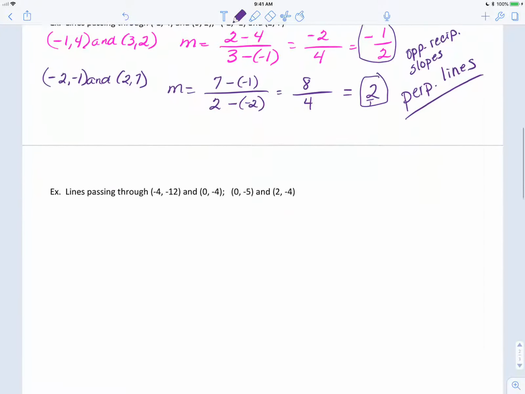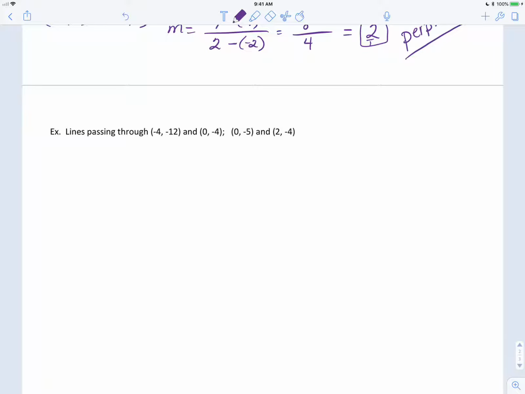Okay. All right, we can do one more. You can turn the video off or pause it and try it, and I will just do each one of these. -4 minus -12 over 0 minus -4. Just -4 plus 12, so that's 8 over 4, so that is 2.